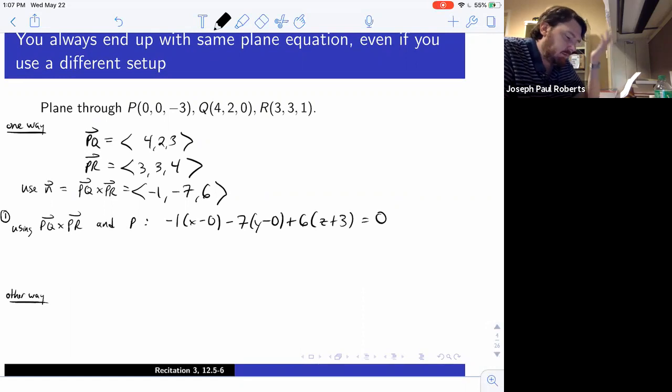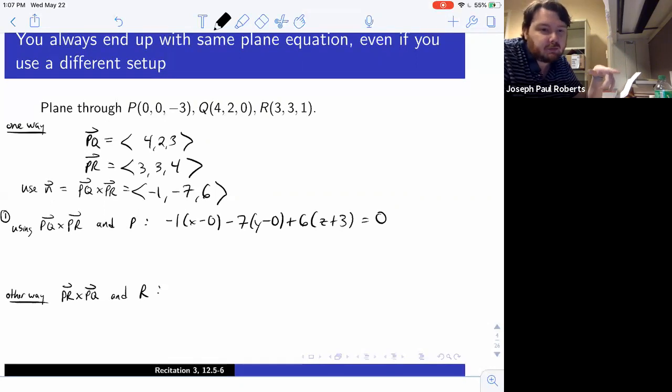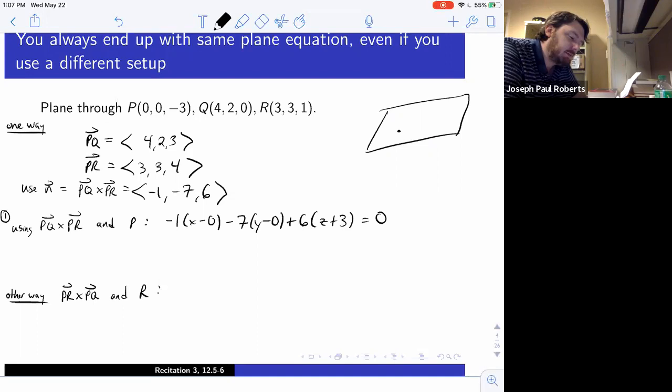Another way, what if you did it the other way around? Let's say you did PR cross PQ, for example, and let's say point R. So PR cross PQ is still going to be perpendicular to this plane. The idea is, let's pretend we look at it and it looks like PQR, like this.